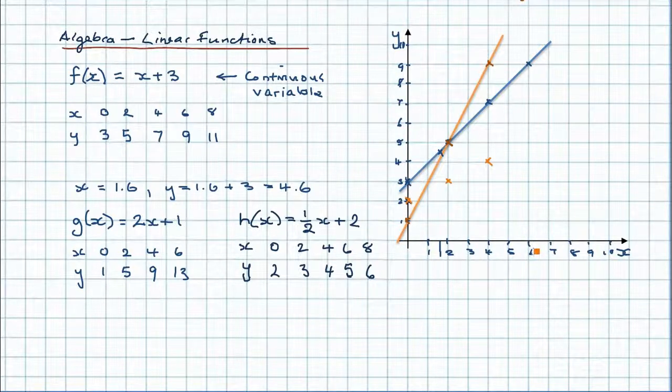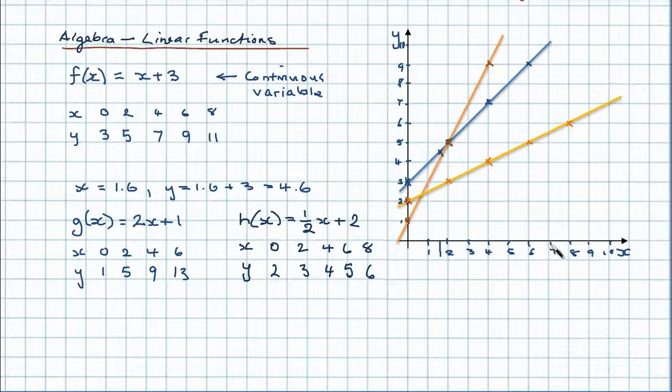Okay. When x equals 6, y equals 5, so we go up to here. And again, you can see that we don't really need to go on, but I will just do the final value. So 8 and 6. And then if we join these together, we've got a nice straight line going through all of those points.